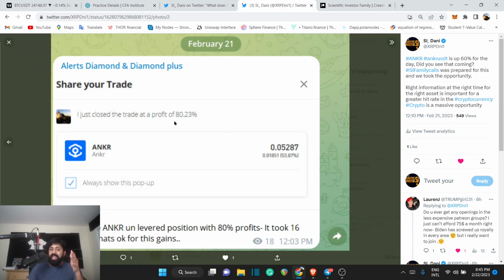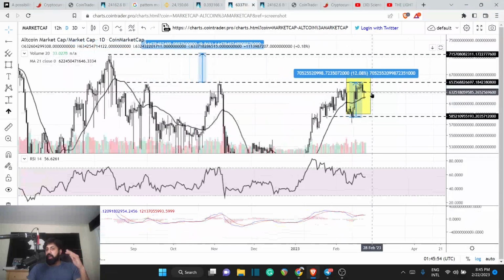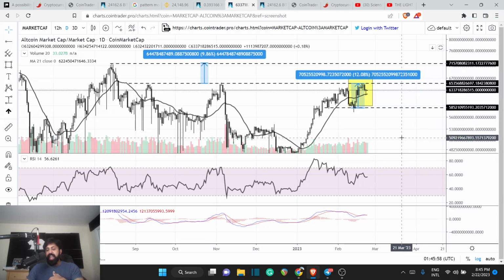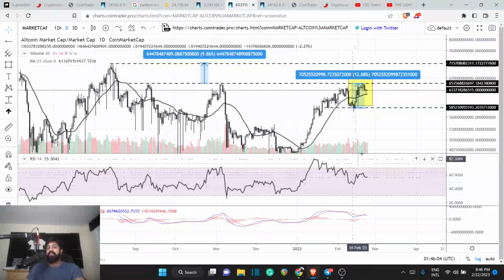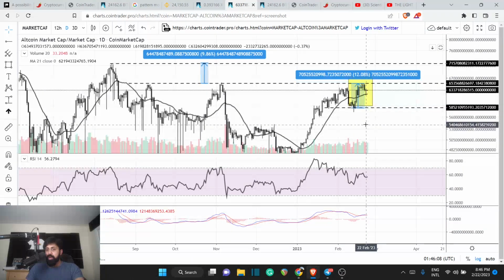But getting the perspective of the right asset at the right time is going to be important, because if that's moving another 10%, you're going to see a lot of assets doing 100% moves in the next 1 month. That's what I think. I can be 100% wrong, but this is what I see, and you guys have seen at least in the last 20, 30 days, how many trades we've closed, and that kind of works out.